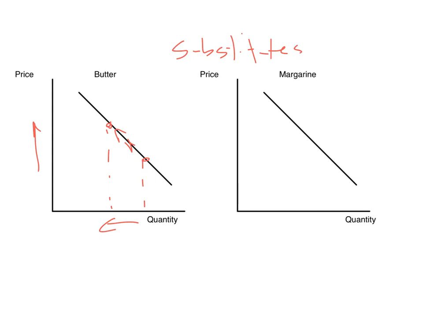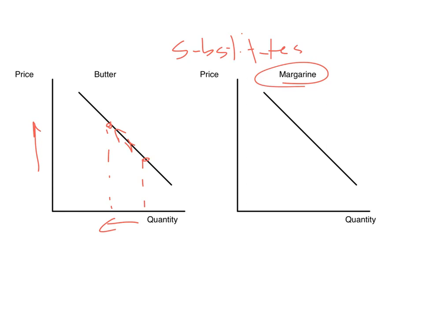cook with, to put on their bread, to enjoy in maybe a warm bowl of oatmeal. And so now that butter is more expensive, consumers will shift to the consumption of margarine. Because they're buying less butter, they will now shift to increased consumption of margarine at every price.